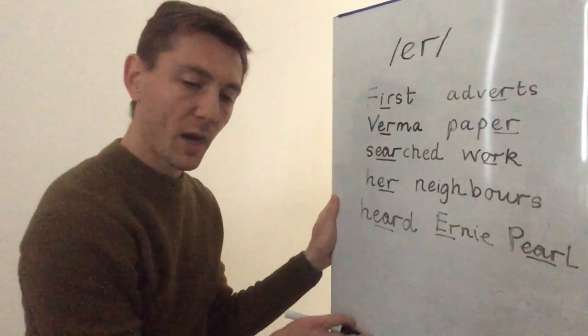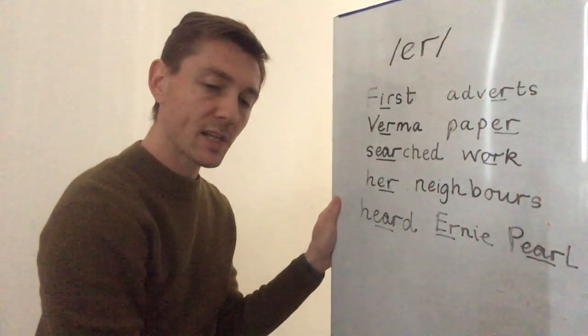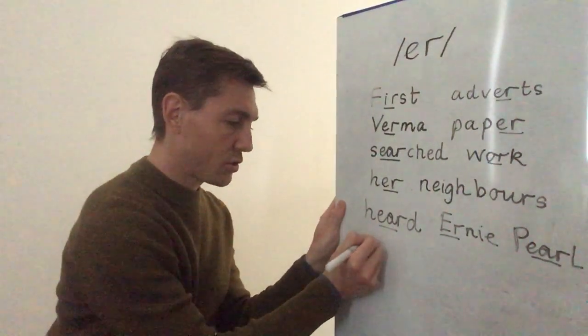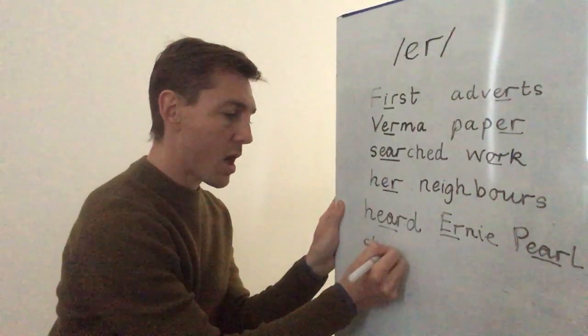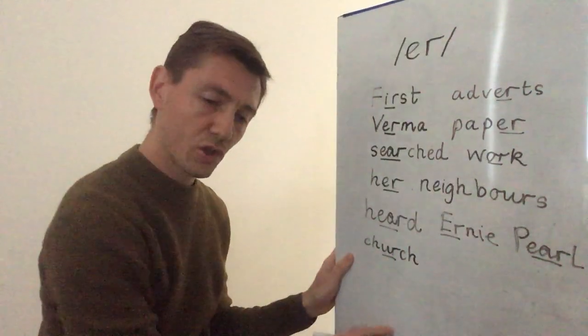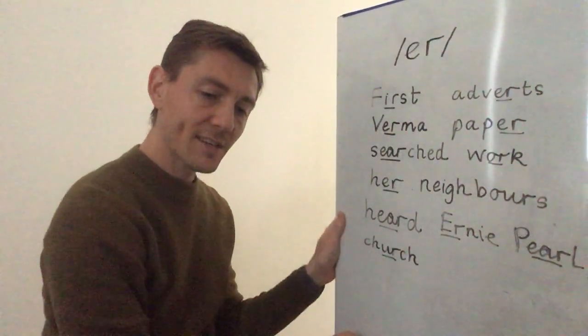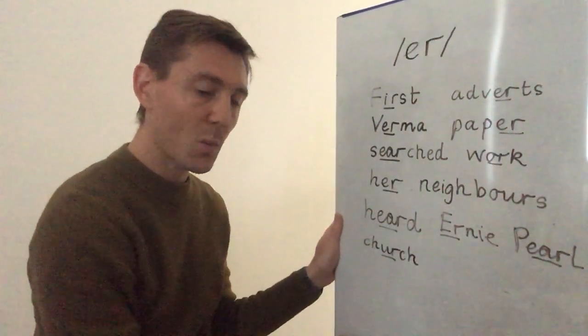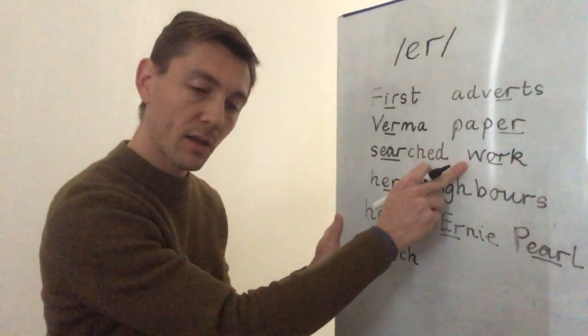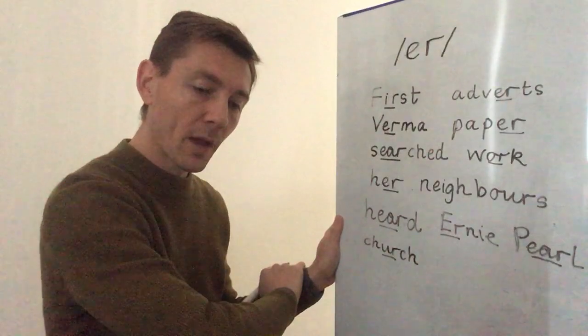Ernie and Pearl, who lived in Earl's Drive behind the church. Church. They said they wanted someone to help them do some work in the garden.